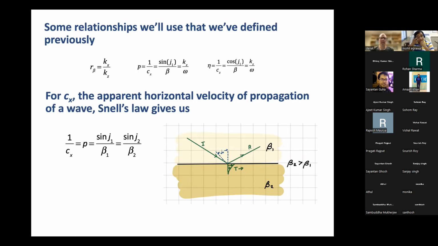So for C sub x, the apparent horizontal velocity, Snell's law tells us 1 over C sub x equals P. This is just by definition. And that equals sine of the angle of incidence 1 over the velocity in layer 1, which equals sine of the angle of incidence 2 over the velocity of layer 2.